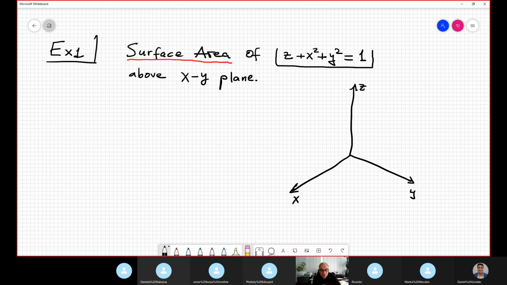My objective is to find the surface area of the surface that represents this equation above the xy plane. So in other words, C greater than or equal to 0. Come on, what kind of surface is it?